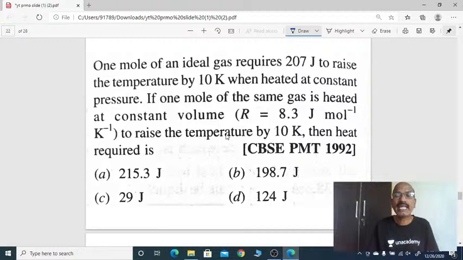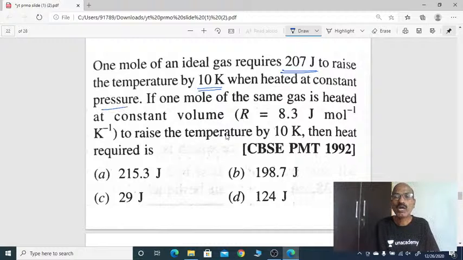1 mole of an ideal gas requires 207 joule to raise the temperature by 10 Kelvin when heated at constant pressure. If 1 mole of the same gas is heated at constant volume to raise the temperature by 10 Kelvin, then how much heat is required?